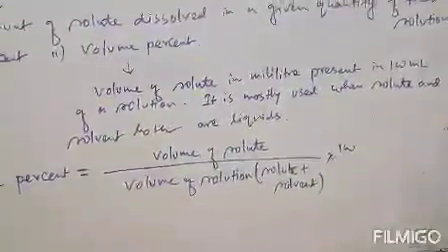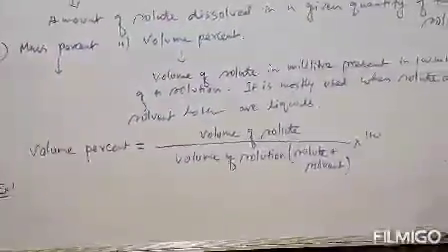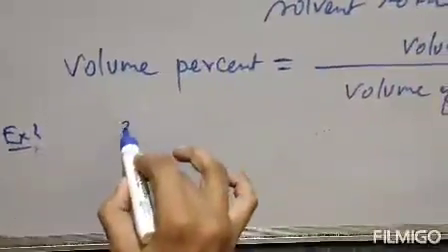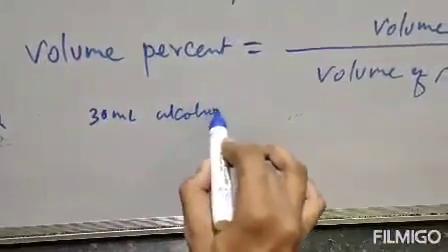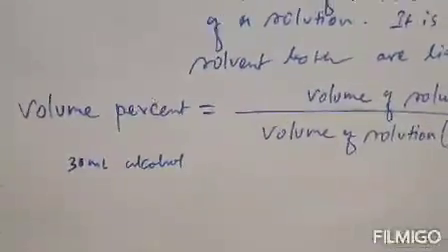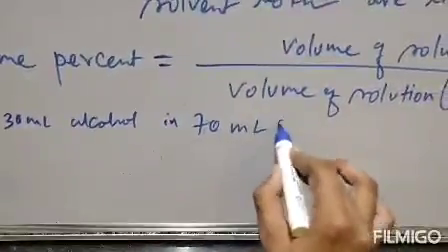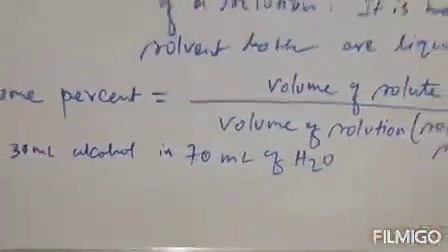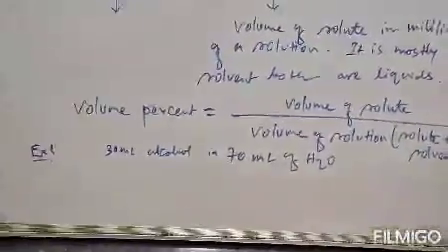When both solute and solvent are liquids, then we can use this formula. Suppose you are dissolving 30 milliliter of alcohol in 70 milliliter of water.